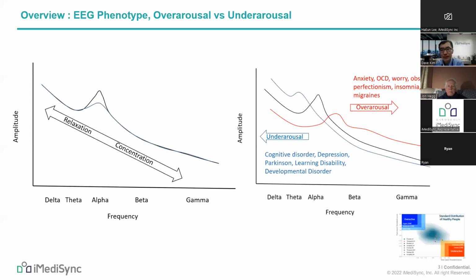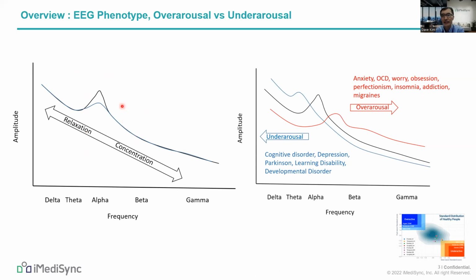I'd like to repeat the core concept again briefly. The most basic phenotype is under-arousal and over-arousal, which we can identify in the iSync Wave quick summary and the detailed full report in iSync Brain. The left panel shows conventional EEG spectra having a peak in the alpha frequency band.